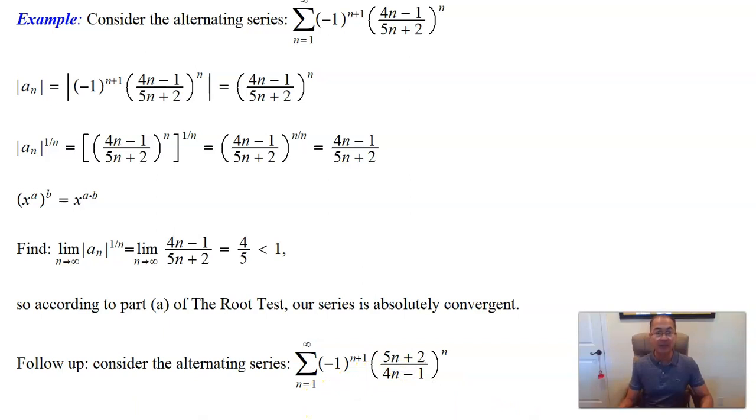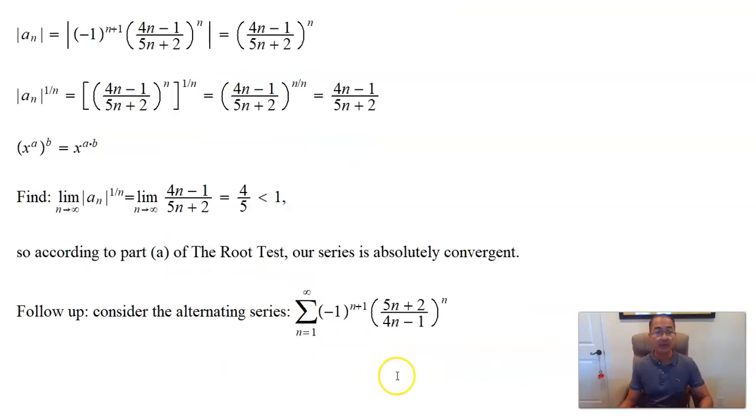Almost exactly the same example, except we flip the quotient. Well, that's going to flip, and that's going to flip. So now we get 5 over 4 instead of 4 over 5.